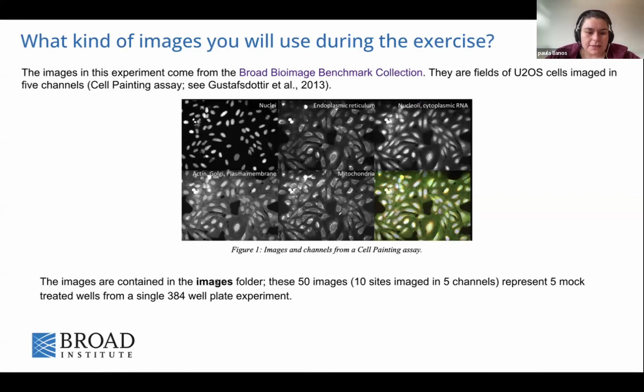That image set is contained in the image folder. Everything is described in the tutorial, so what I'm saying here you will also find written in the tutorial. In that folder with the images, you will find 50 images, which is 10 sites in 5 channels, and they represent 5 mock-treated wells from a single 384-well plate experiment.